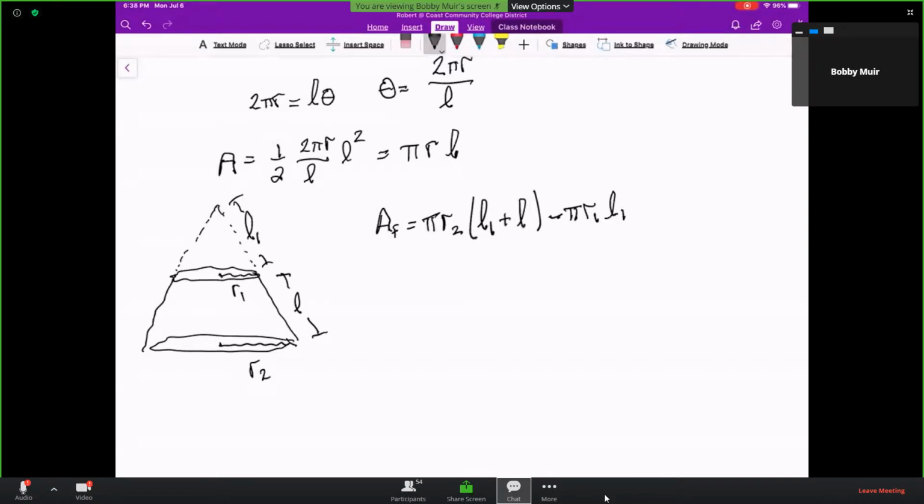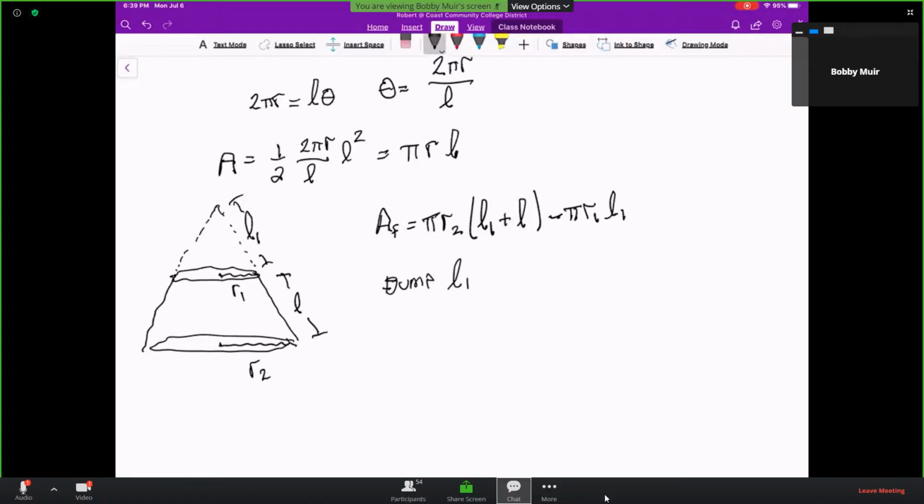All right, so now this formula we manipulate a little bit, and we now have this formula, but we have to get rid of the L1. So now we have to dump L1 because L1 is not a parameter in our frustum. Okay, so let's see.